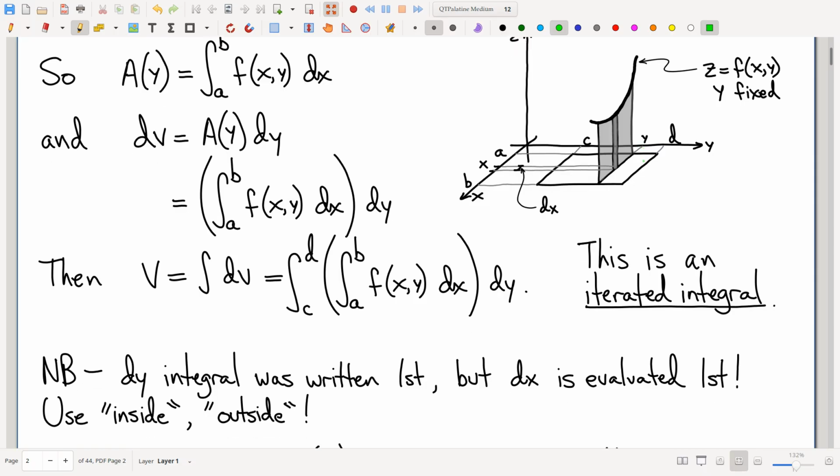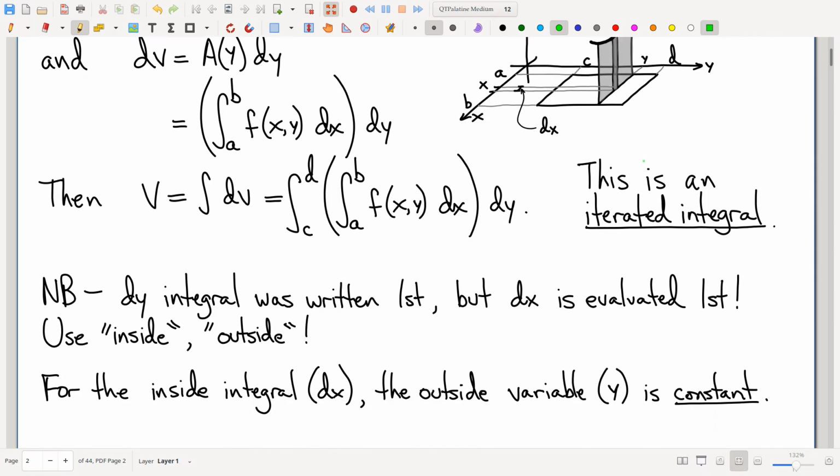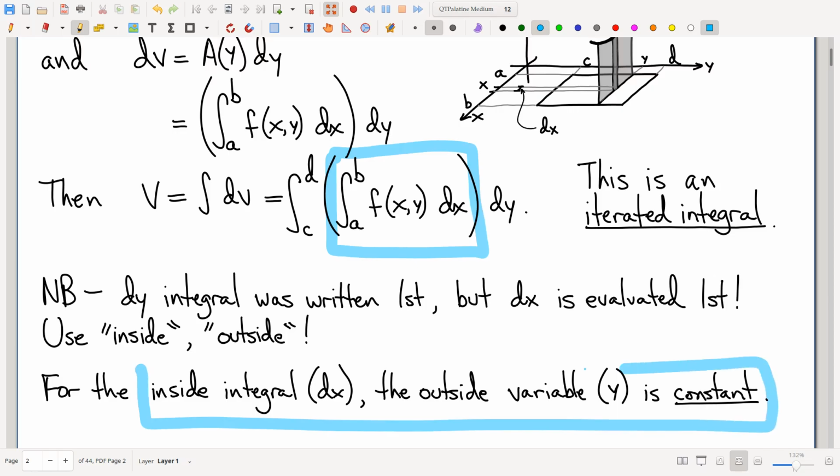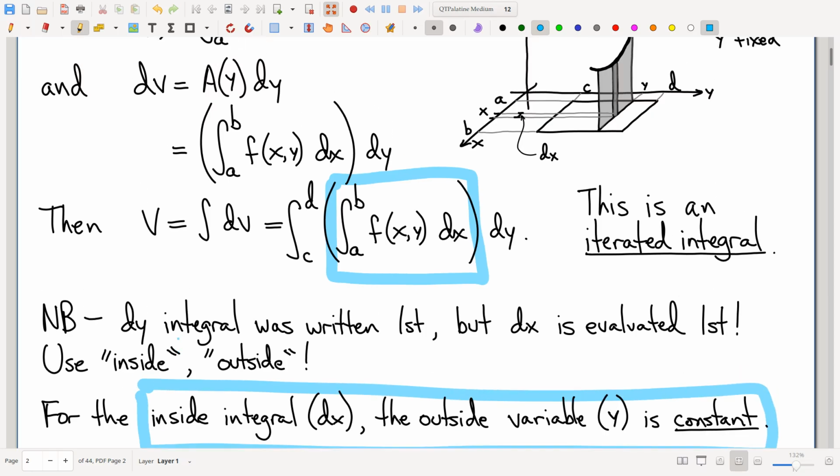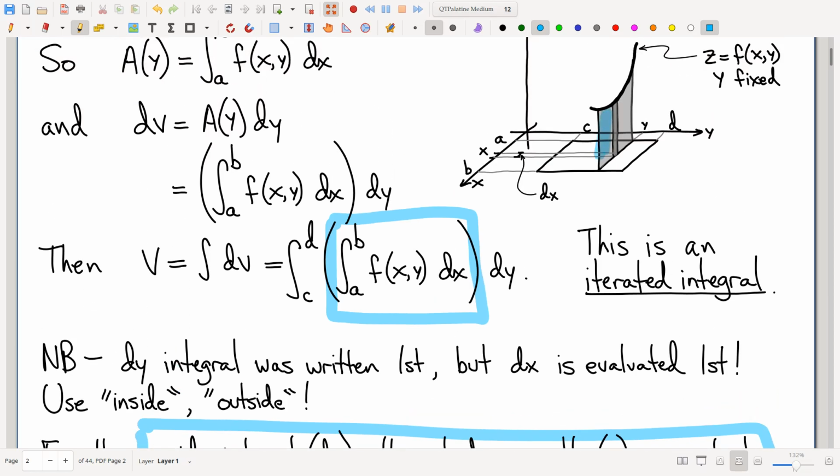Okay, now before we get into details and computation, let me point some things out. When you're talking about the inside integral, that integral right there, keep in mind the purpose of that inside integral is to represent, for this example that we're doing here anyway, a cross-sectional area. That cross-sectional area makes sense only if you fix which cross-section you're looking at.